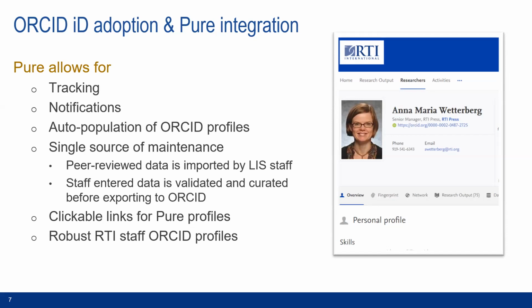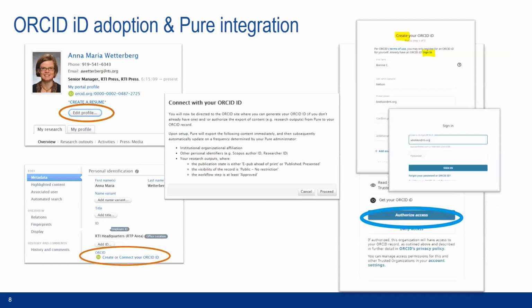So it's actually very fast. This is kind of a cluttered slide, but it is basically 10 steps from going into our Pure system, clicking on their profile, connecting, saying they want to create or connect it from Pure to ORCID.